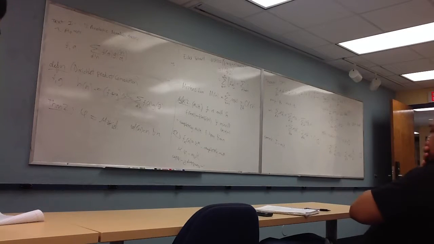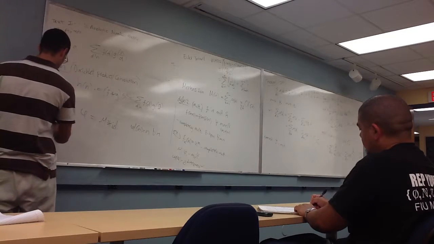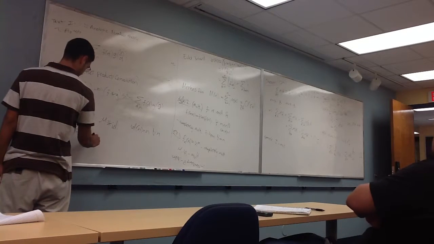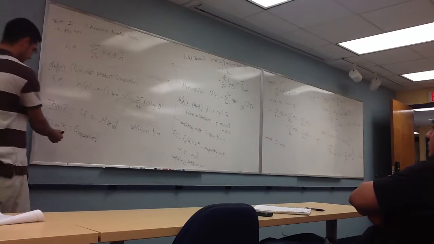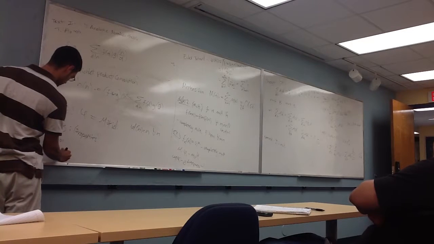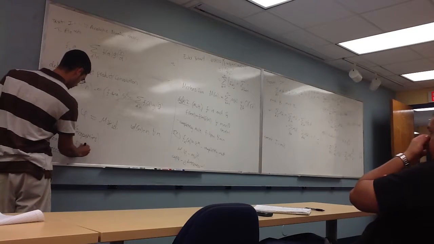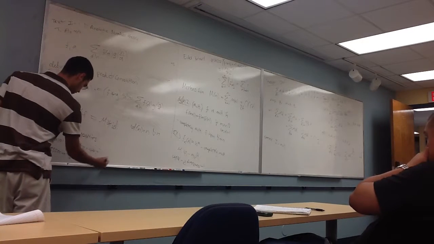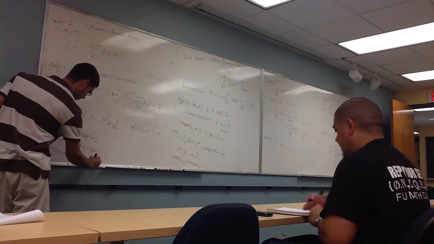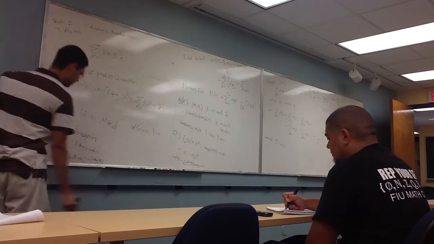And theorem 3 is just properties of convolutions. I'm not going to prove them. They're commutative and associative. In other words, f convoluted g is g convoluted f, and f convoluted g convoluted h is f convoluted g convoluted h.